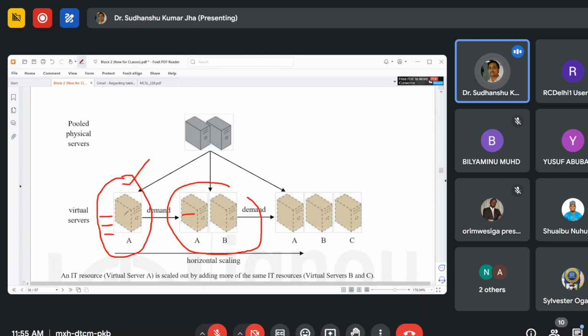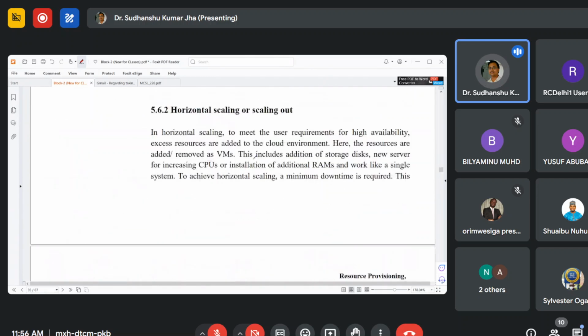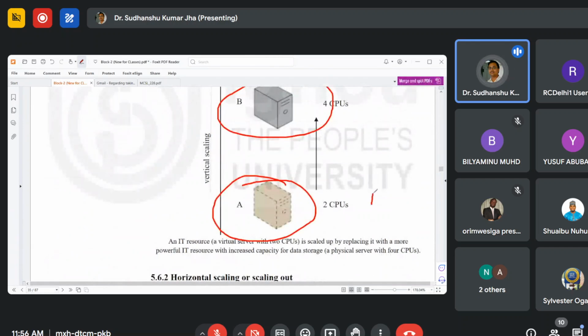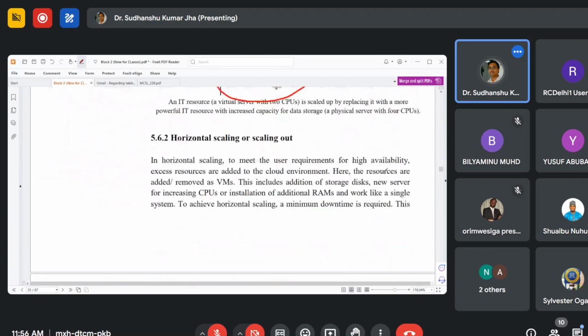So this is one set of resources. Two sets of resources means at the same time two servers, two times CPU, two times storage space required. In vertical scaling, one particular resource is being increased as per the demand.